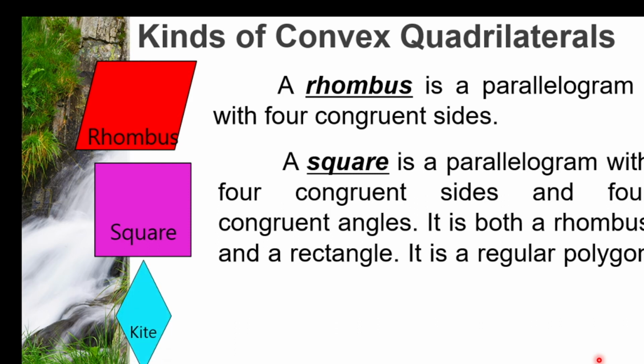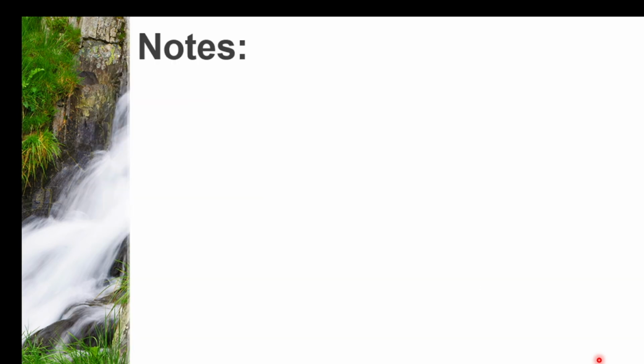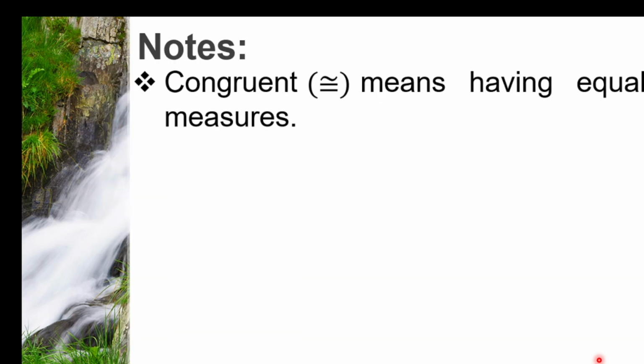And lastly, we have a kite. A kite is a trapezium with 2 distinct pairs of adjacent congruent sides. Take note that congruent means having equal measures. So take note of this symbol.